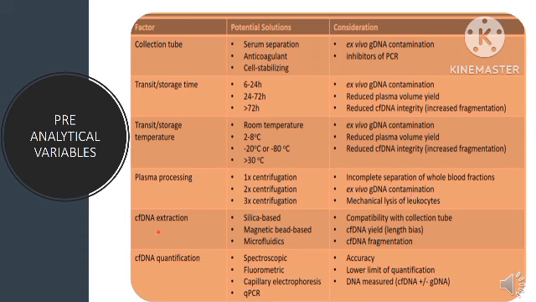So what should be the method of cell-free DNA extraction? Is it silica based, magnetic bead based or microfluidics? Again, you have to see the compatibility of the extraction method with the collection tube, and you have to know the cell-free DNA yield with each of these, and cell-free DNA fragmentation.